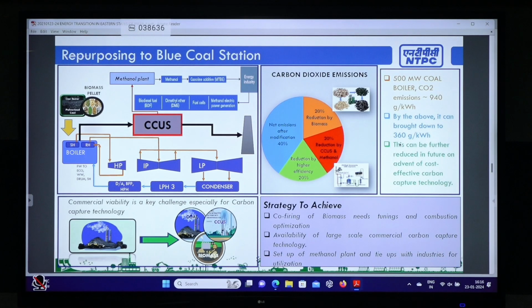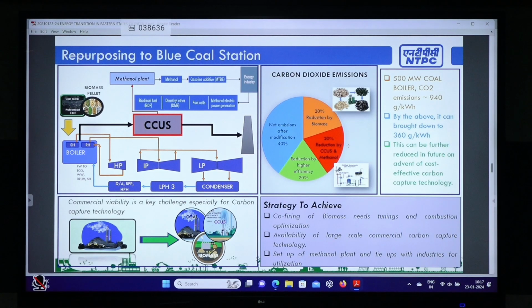We'll come to potential. Biomass, we are talking about biomass potential. Up to 20% can be fired through biomass, and biomass is considered to be renewable. So that is a 20% reduction in carbon footprint.